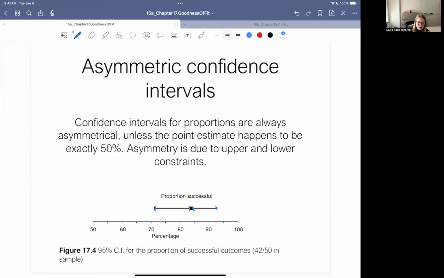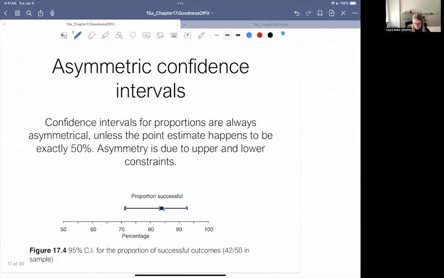You have to stay within those bounds, and so that makes an asymmetrical confidence interval. The only time that it will be symmetrical is when the point estimate, or that proportion that we estimate, is exactly 50%. So in that case, both boundaries are within the same distance of our point estimate, and it will be symmetric.